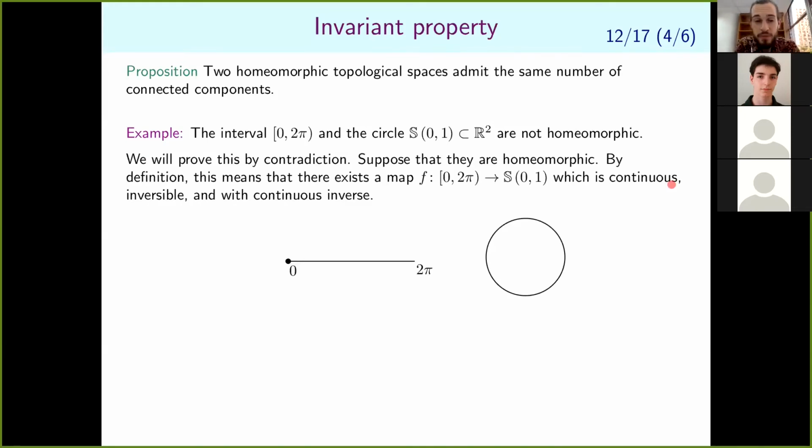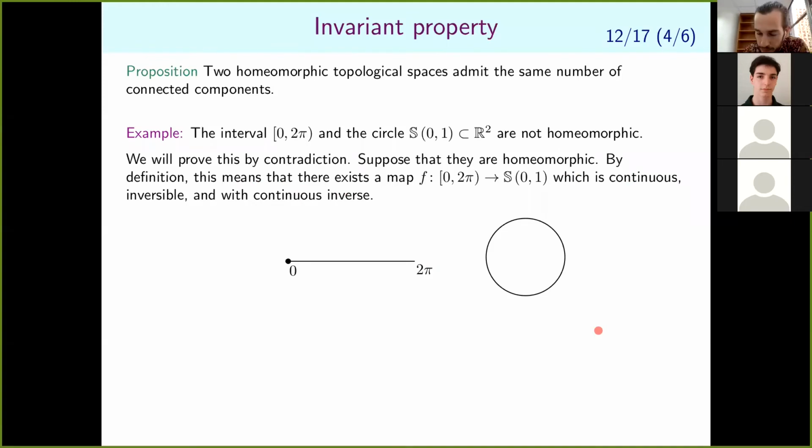We can prove now that the circle and the interval are not homeomorphic, as I told you in the beginning. We have to work a little bit. To prove that they are not homeomorphic, we will reason by contradiction. Suppose that they are. So we have a homeomorphism between the interval and the circle. There is no contradiction at the moment because the two of them have one connected component.